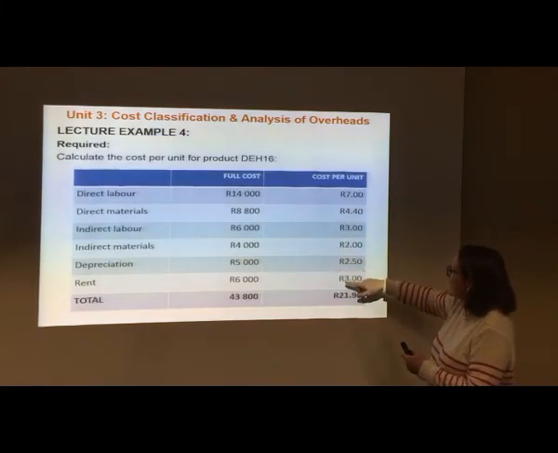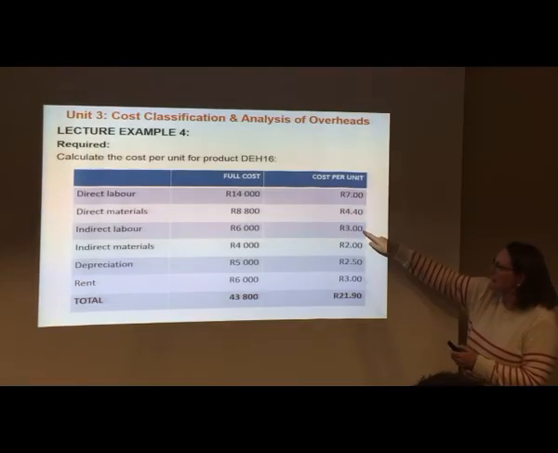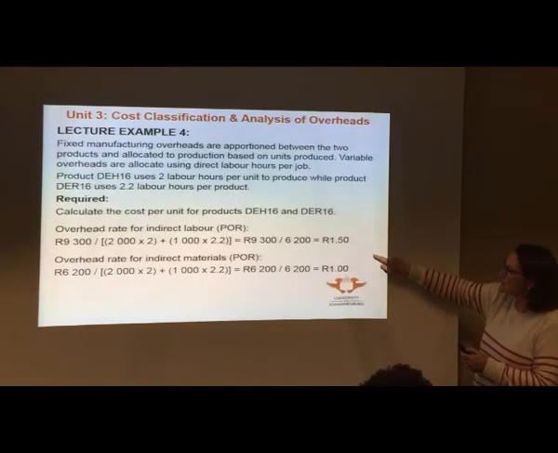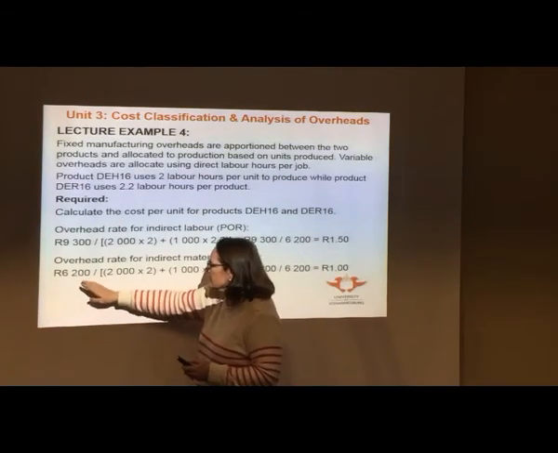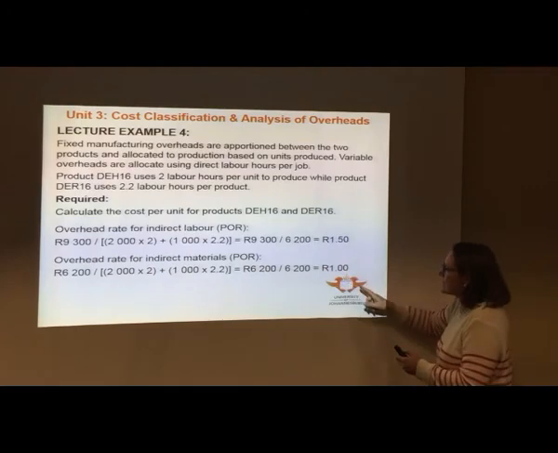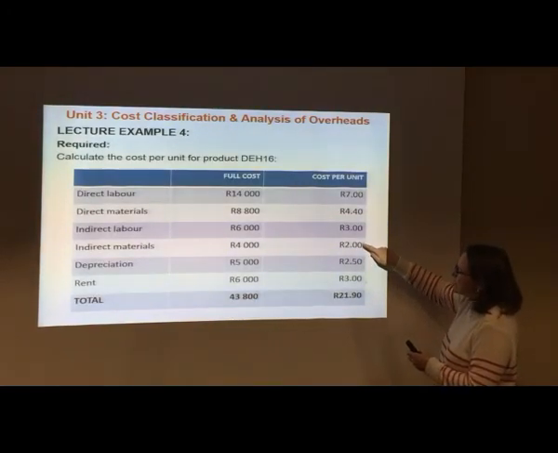Now here, this is 1 Rand 50 per labor hour, but we use 2 labor hours. So we have to put in 3 Rand. Okay? This calculation here for the indirect materials was 6,200 divided by 6,200 gives you 1 Rand times 2 labor hours gives you 2 Rand.